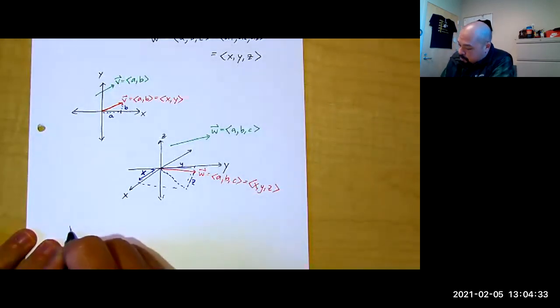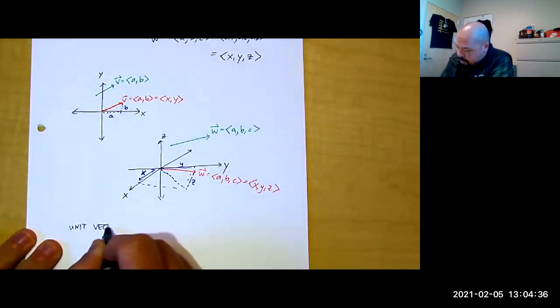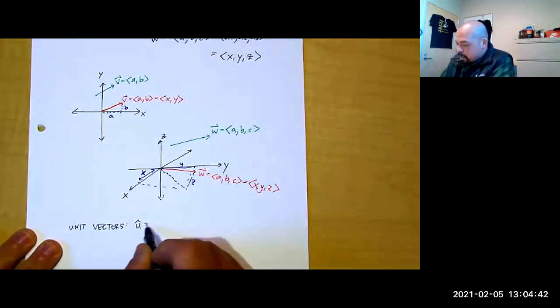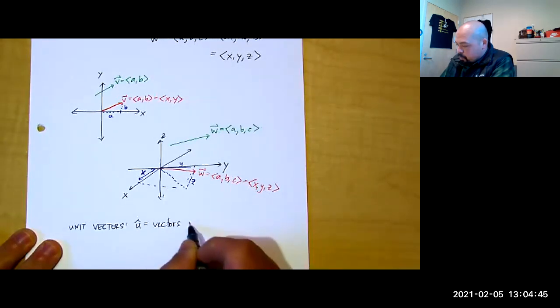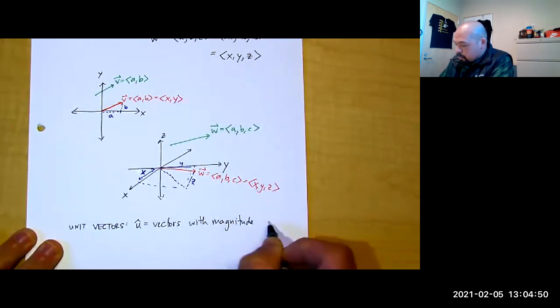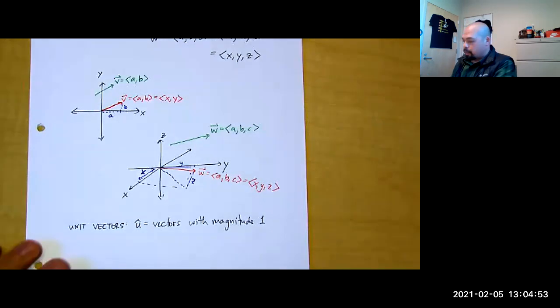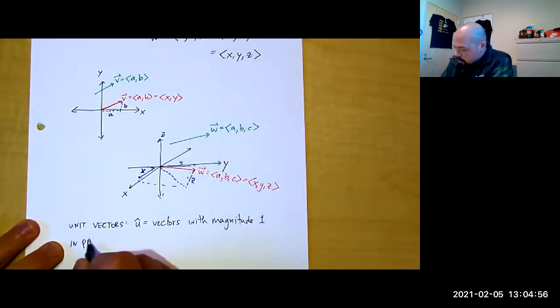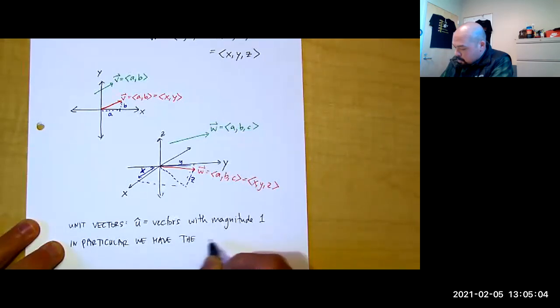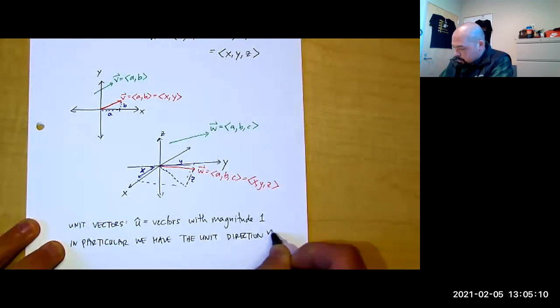In this case, recall that our unit vectors, with a little hat on them, are vectors with magnitude, with length 1. In particular, we have the unit direction vectors that we can use.